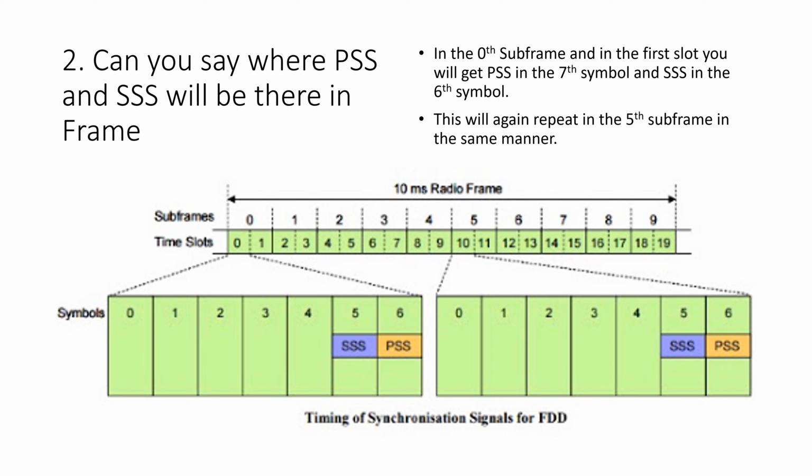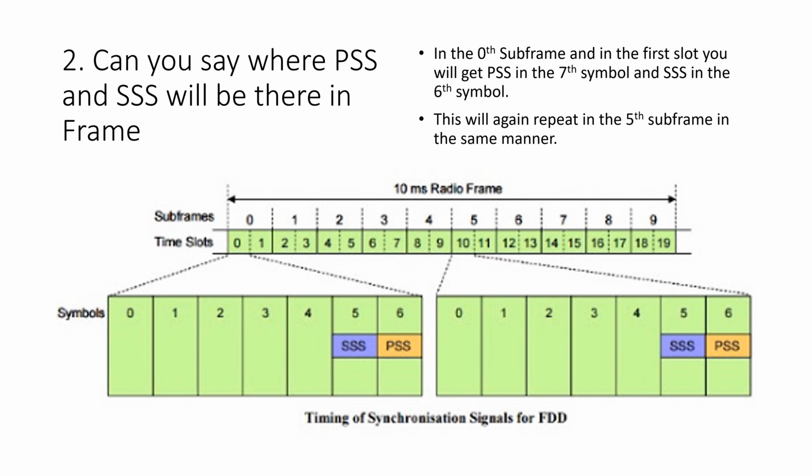In the diagram, you can see the numbering has been done from 0 to 9. In the 0th subframe, in the first slot, your last symbol, that is the 6th numbering, means the 7th symbol, 0 to 6, the 7th symbol, you will have PSS, and the previous one will have your SSS.